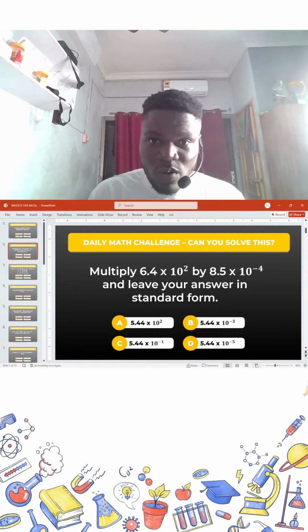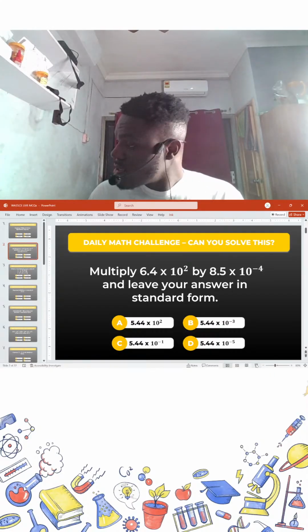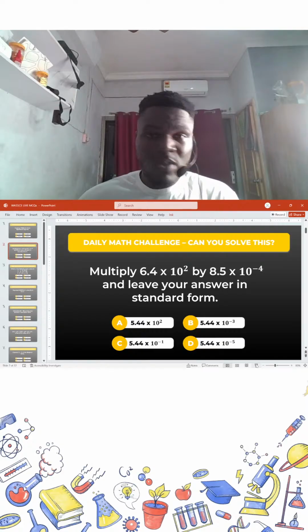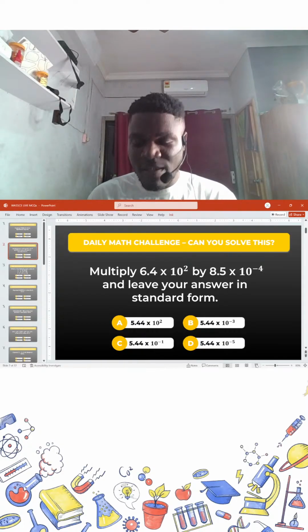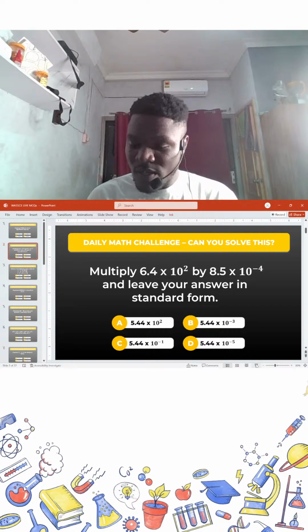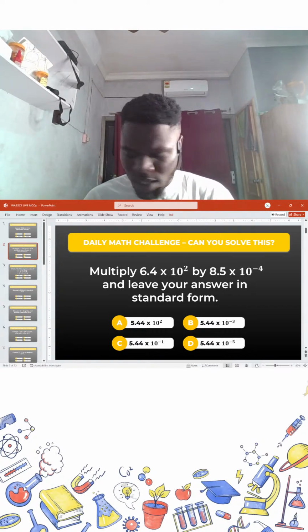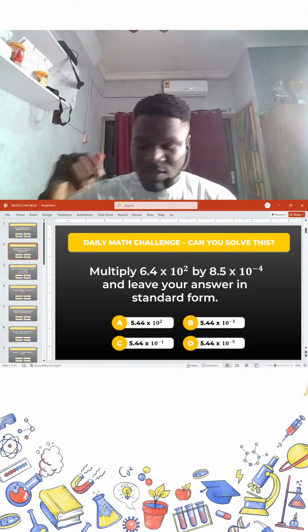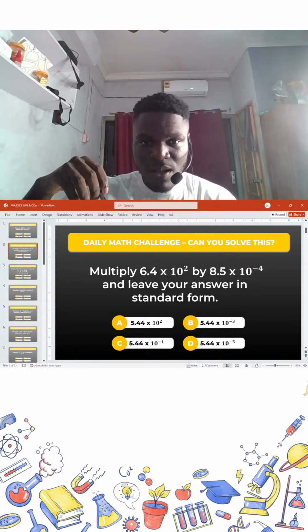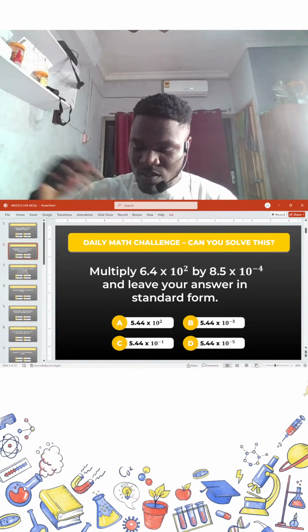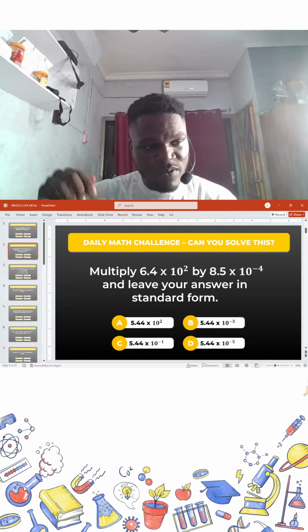All right, so if we do the calculation, 6.4 times 10 raised to the power positive 2 multiplied by 8.5 times 10 raised to the power negative 4 will give us 0.544. And then if we change that into standard form, we move the decimal point to the right once, and we are going to have 5.44.